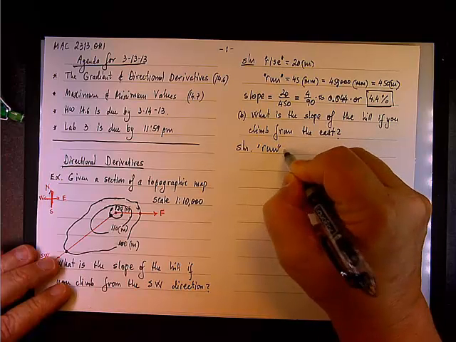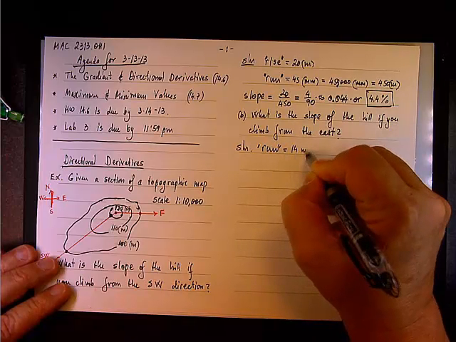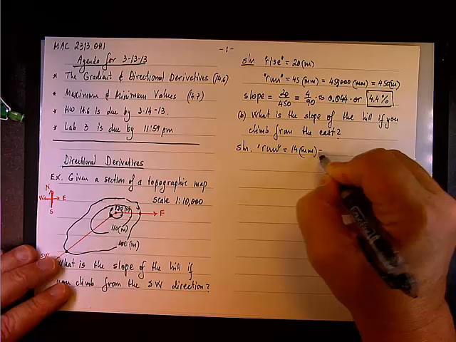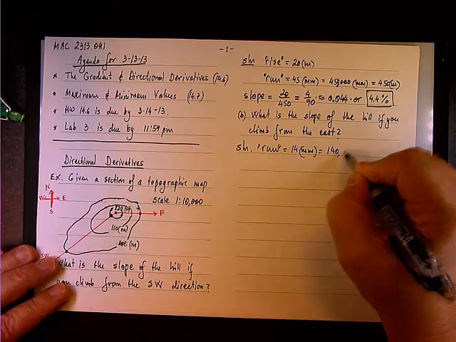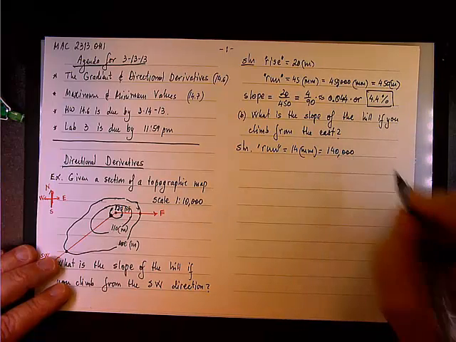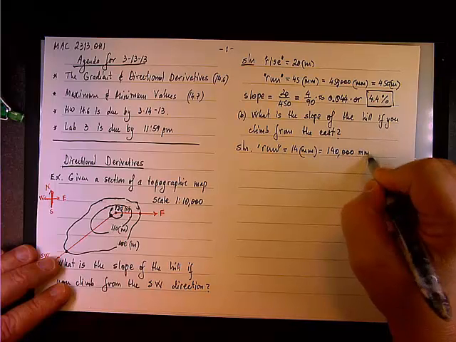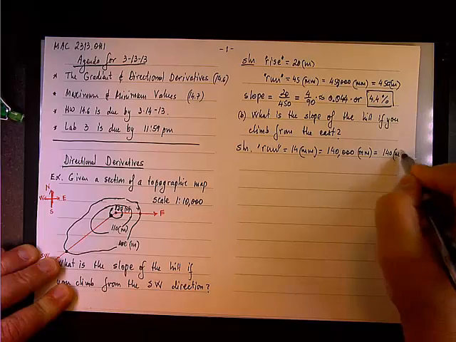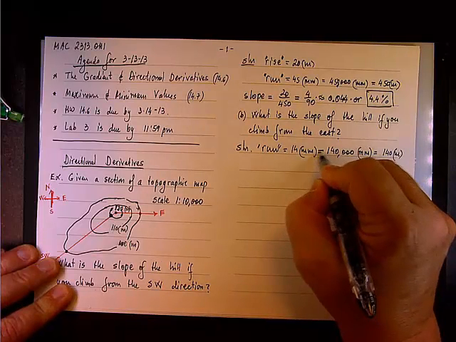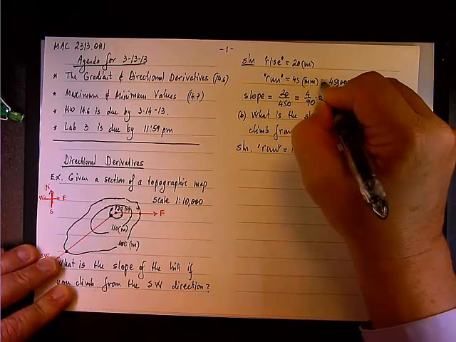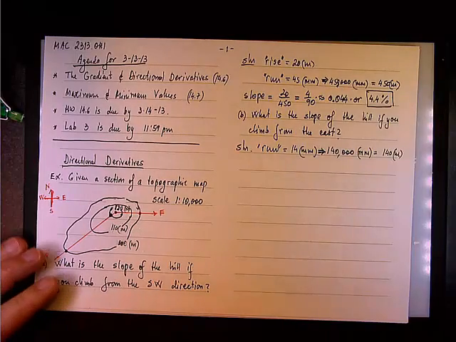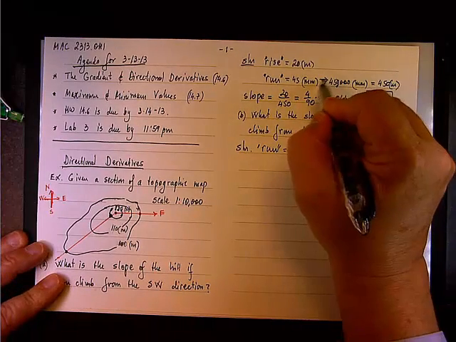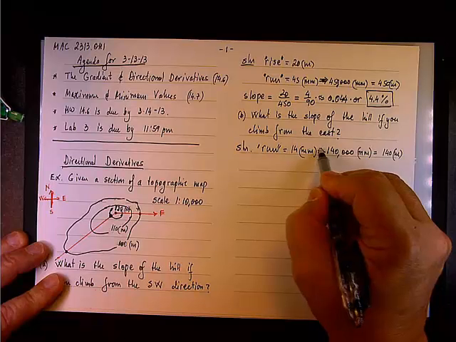So the distance from here to here is 14 millimeters, right? So would we say that the run in this case equals 14 millimeters, and 14 translated to 140 meters in real life.